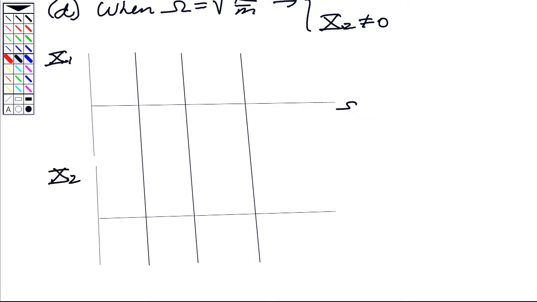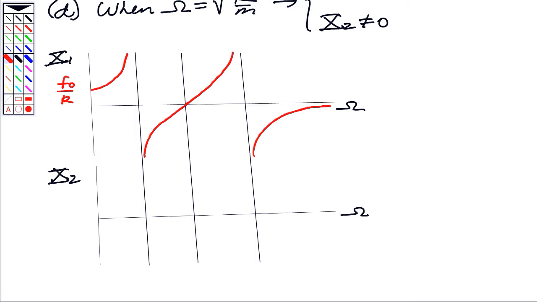Omega, omega. And so the response starts out here at f0 over k for low frequency. It goes like this. It passes through here like this. And it ends up like that. Again, it goes small on the right-hand side from the negative side.